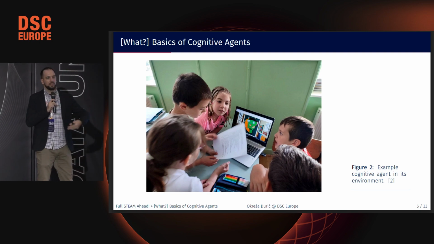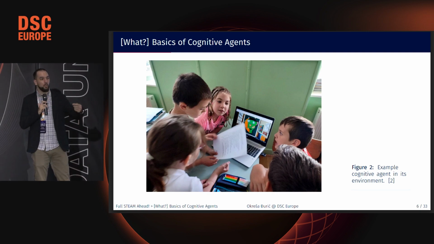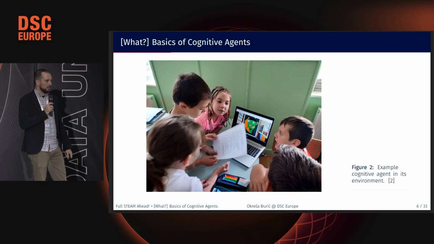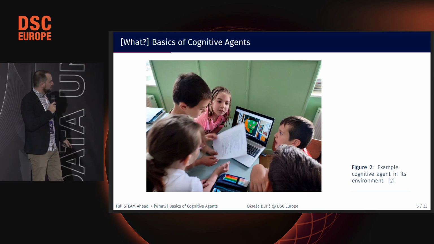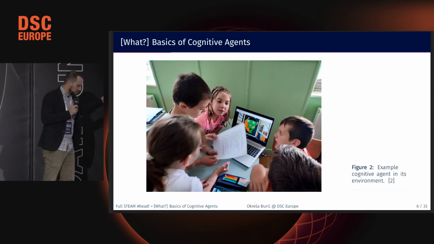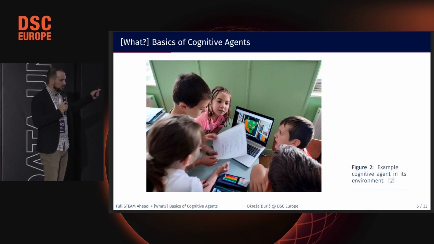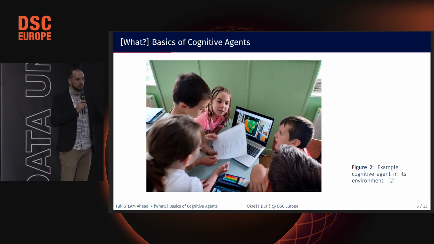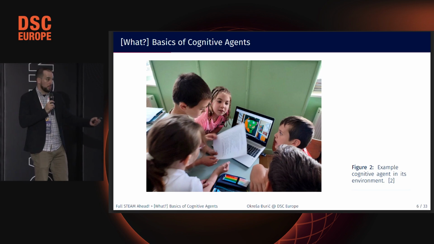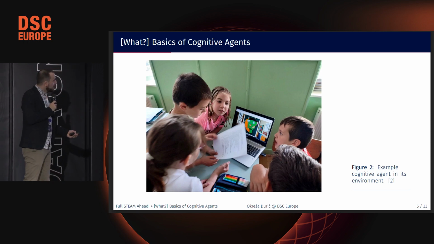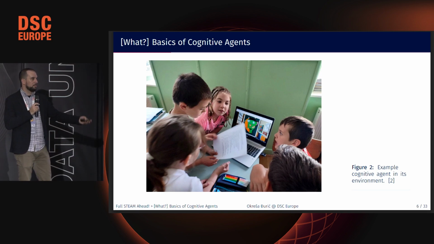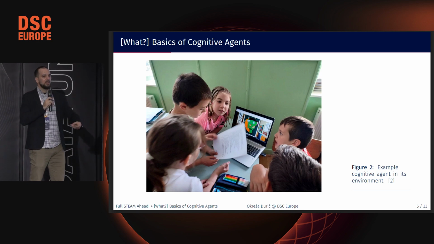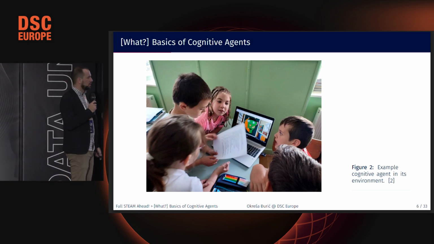Something that gives the kids a way to approach the agent. And so we can have it perceiving what the kids are talking in the natural Croatian language at this point. And on the other side, it acts upon its environment as in speaking, again, in natural Croatian language to those kids.